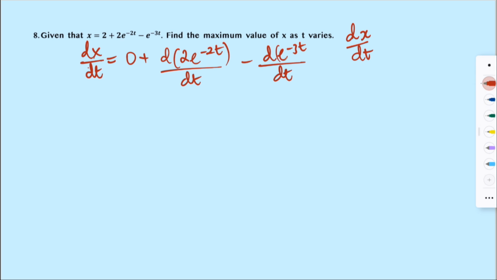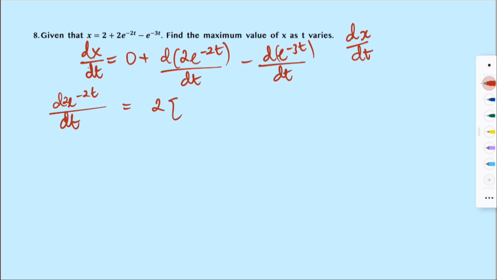dt. Okay, I just want to break this down easily for you guys. So let's take this second part and differentiate it using the product rule. So this derivative of 2e to the power negative 2t over dt, we can keep 2 constant first, and then we differentiate e to the power negative 2t.